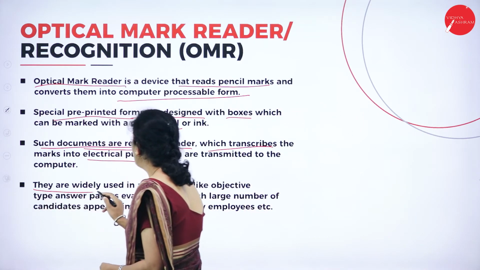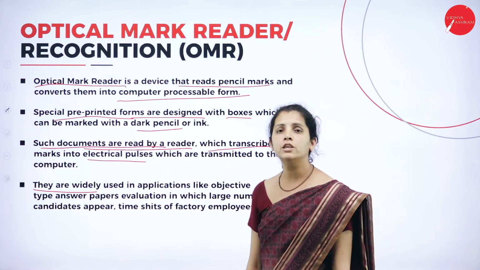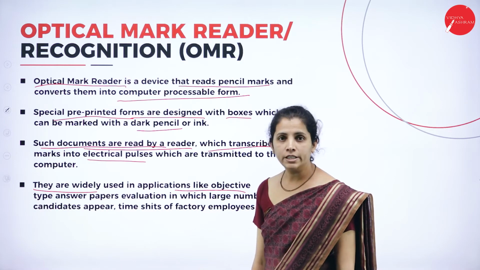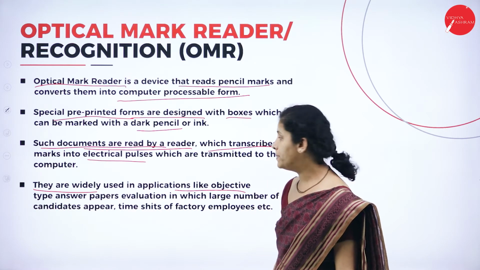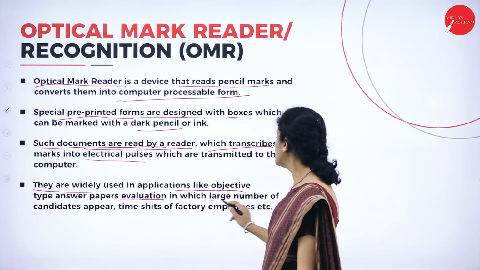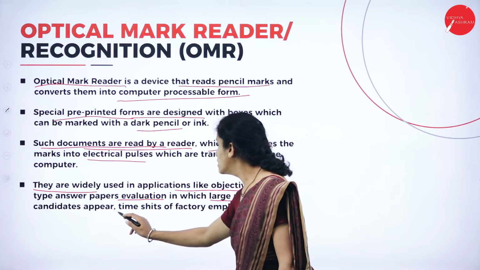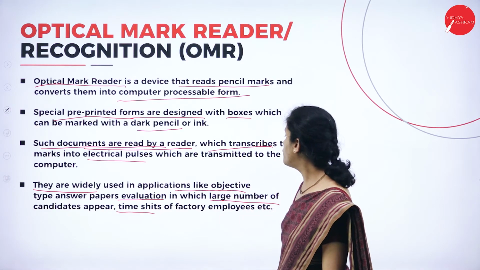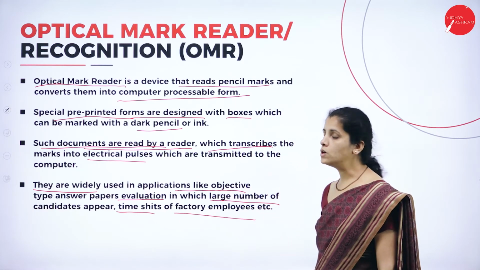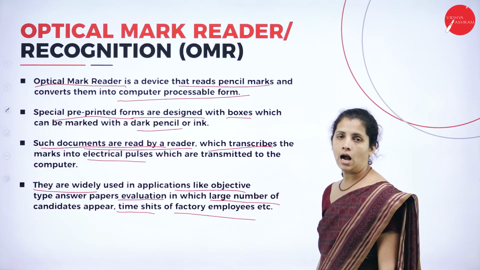Optical mark readers are most commonly used in applications like objective type answer paper evaluation in which a large number of candidates appear, time shifts of factory employees, etc. So, these are the applications of OMR.